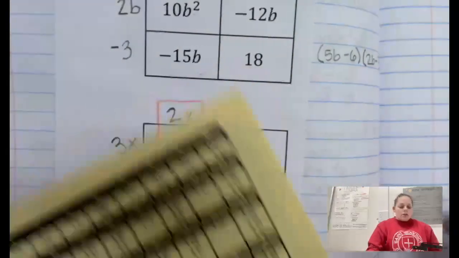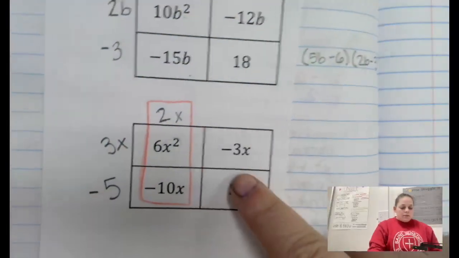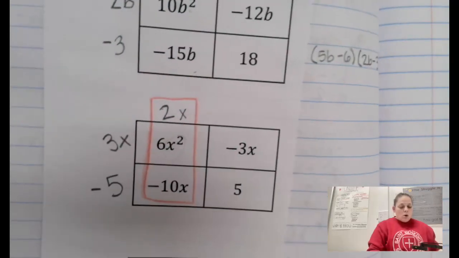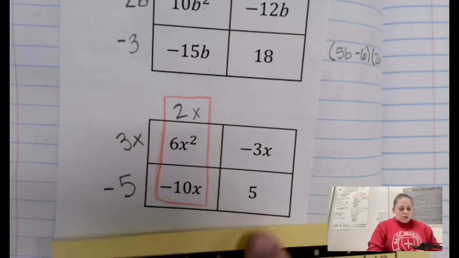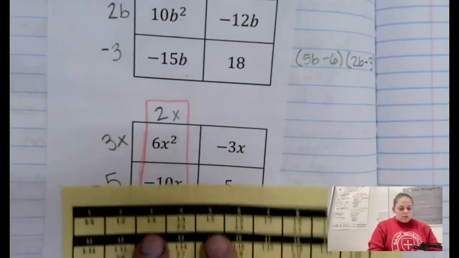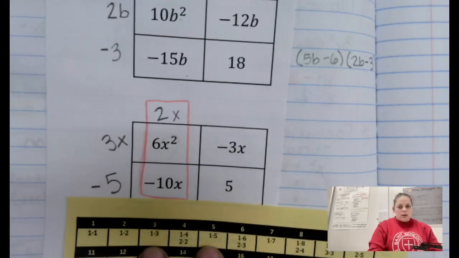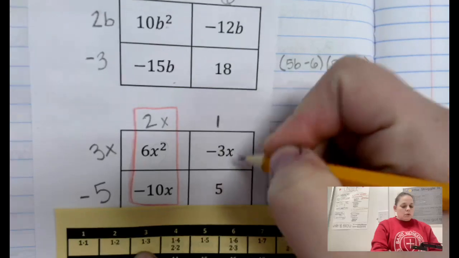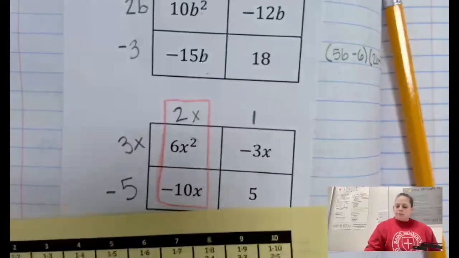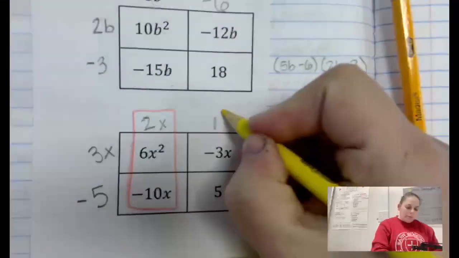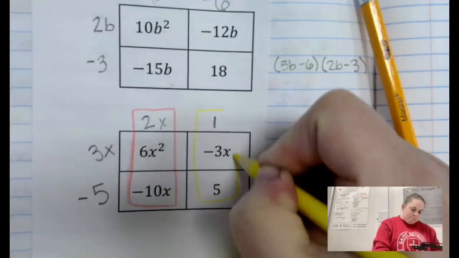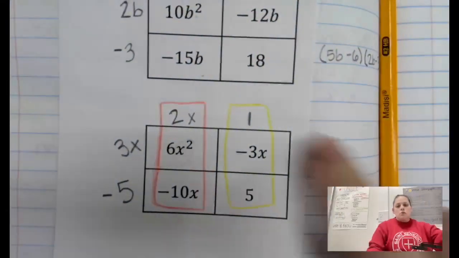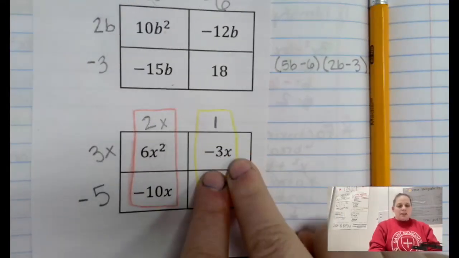Either I can think that again with multiplying, or I can do that factoring again between 5 and 3 and see what they have the most in common, and the biggest they have in common is 1. They both don't have an x, but then I want to check. Now when I check, does 1 times 3x make negative 3x?